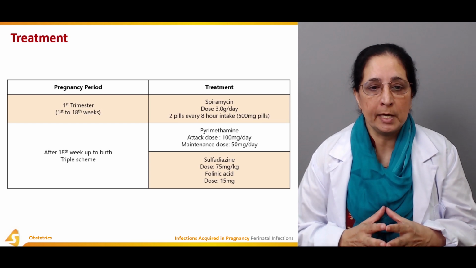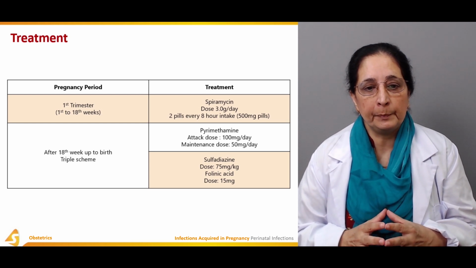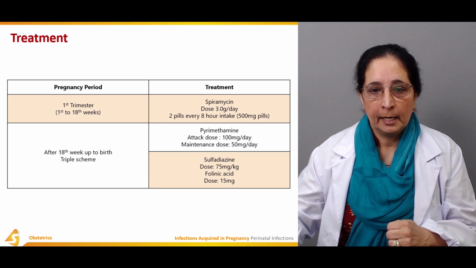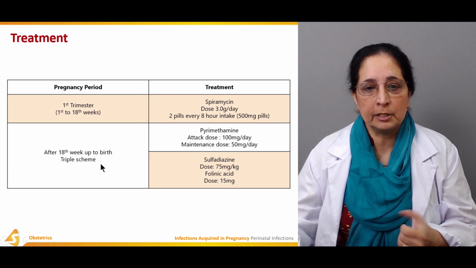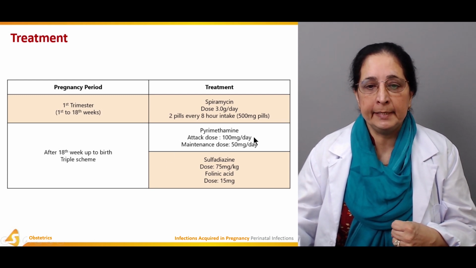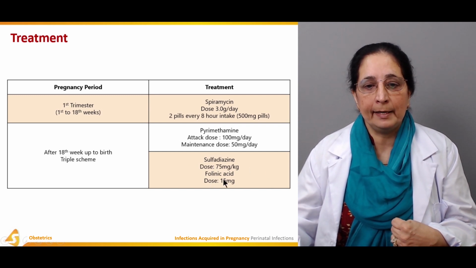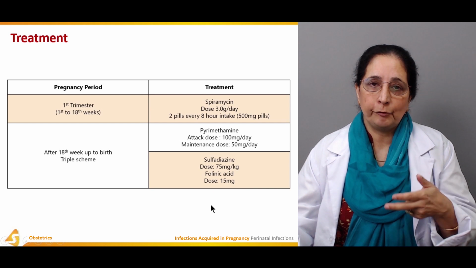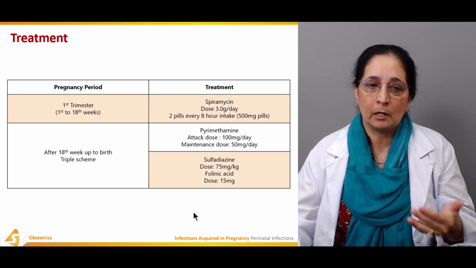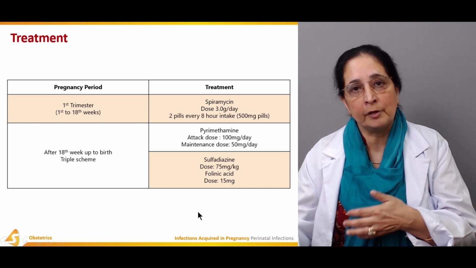After the 18th week, up to birth, the triple scheme is used. In this triple scheme, the drugs used are pyrimethamine, sulfadiazine and folinic acid. So these are the 3 drugs used. That's why it's called the triple scheme, or triple regime.